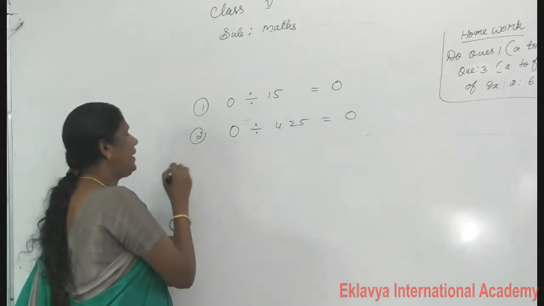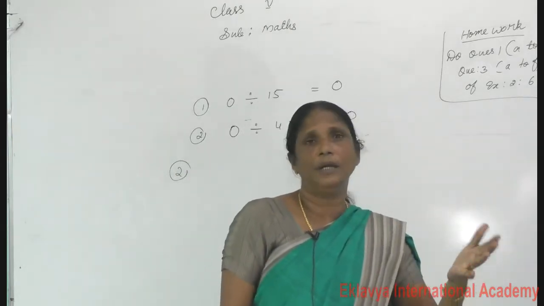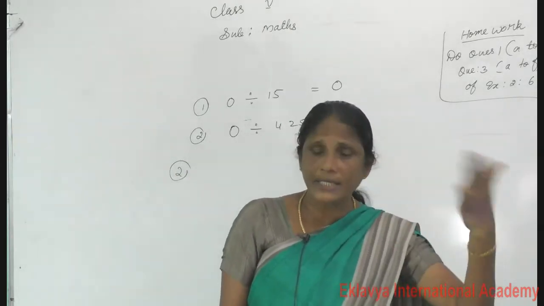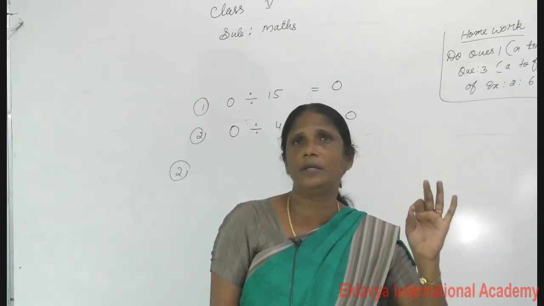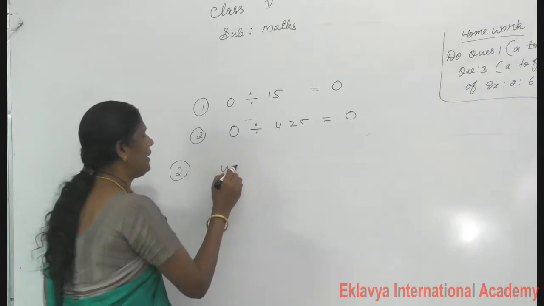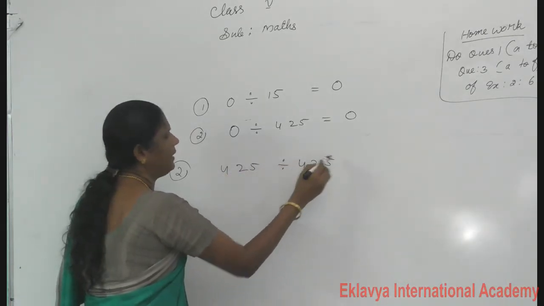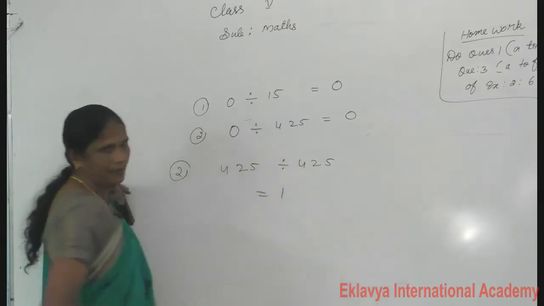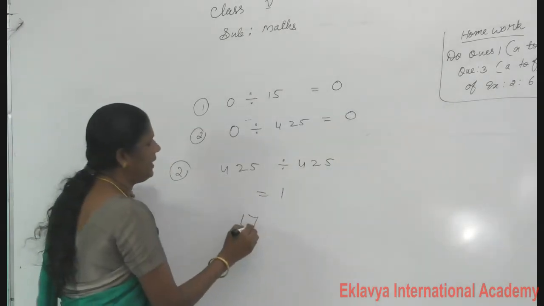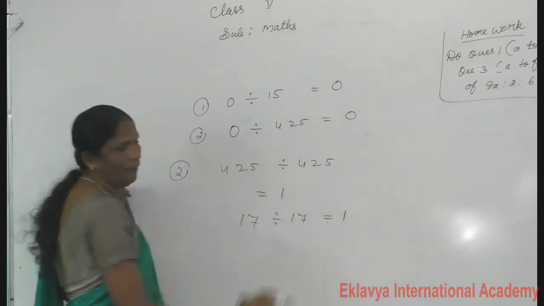Second, we divide a number by itself. A number divided by itself, we get 1. For example, 425 divided by 425, the answer is 1. Again, 17 divided by 17, we get 1.